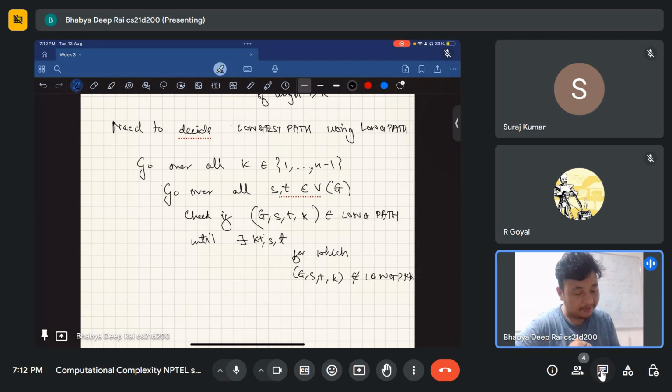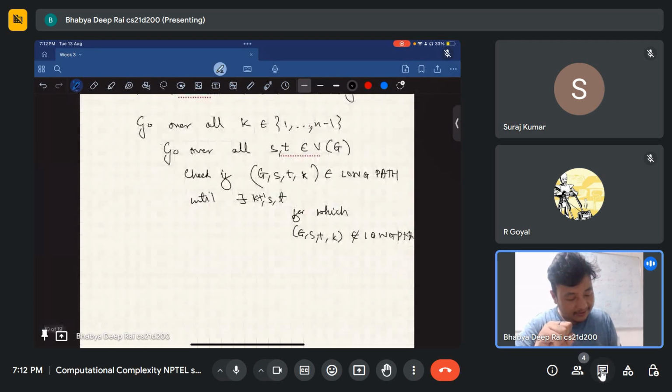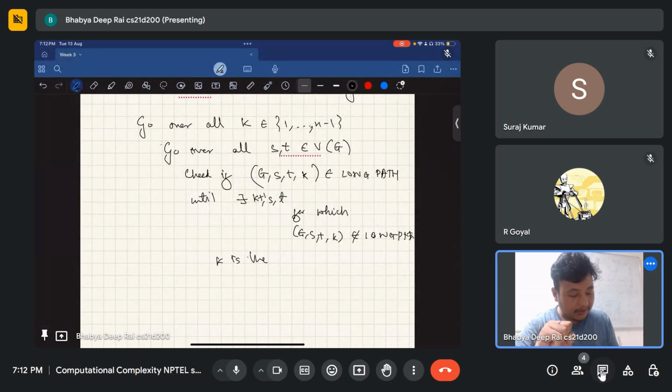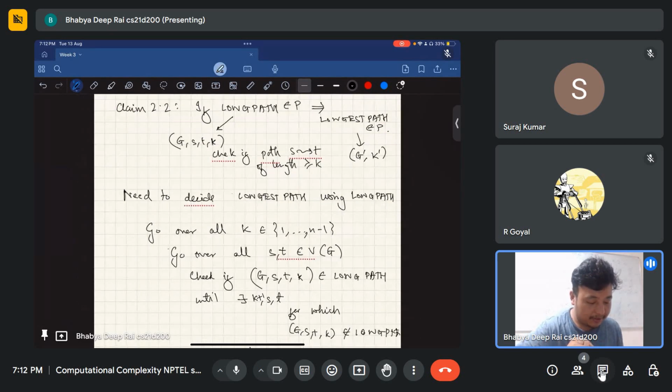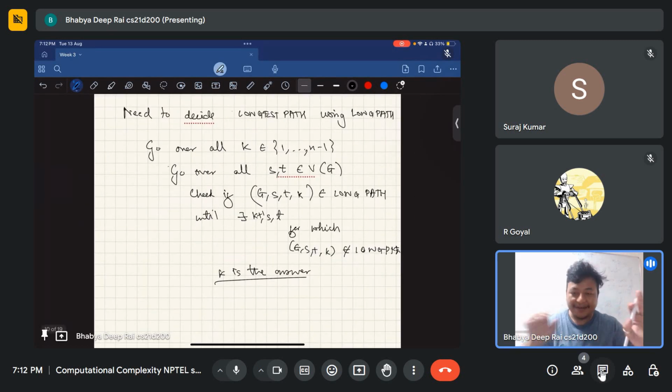I'll call it k plus 1. There exists a k plus 1 value for which it is not true, that there exists a path of length at least k plus 1. Then I'm done. Then k is the answer, and then match with the parameter: check whether k is equal to k prime.